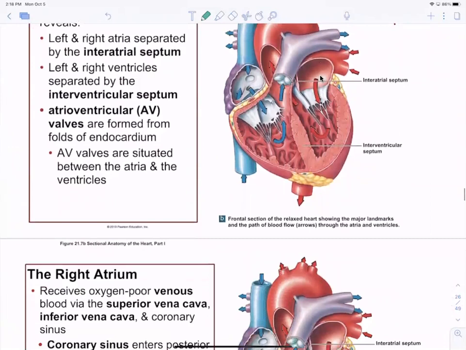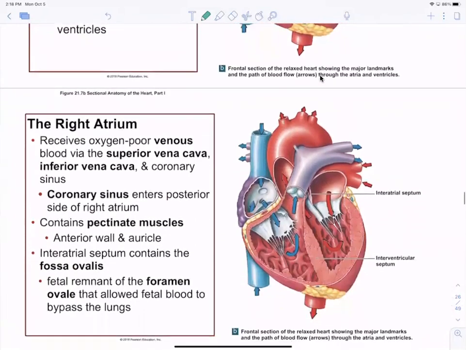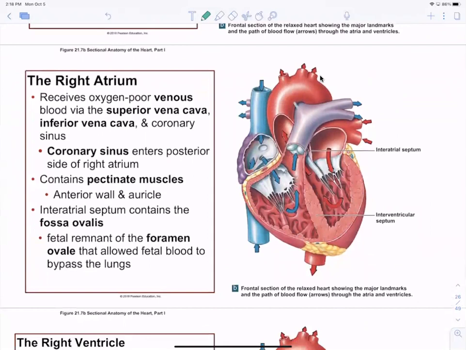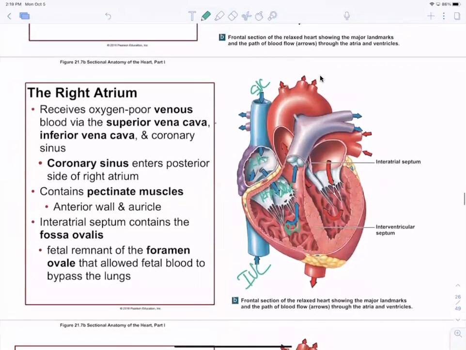You can read through these slides yourself. Again, the right atrium is getting oxygen-poor venous blood via the superior vena cava and inferior vena cava, returning it back to the right atrium. Then this is the right AV valve, and then the right ventricle, up the pulmonary trunk, right?